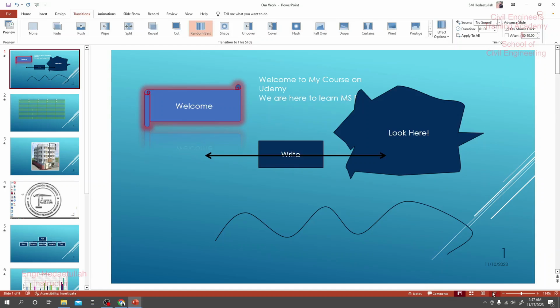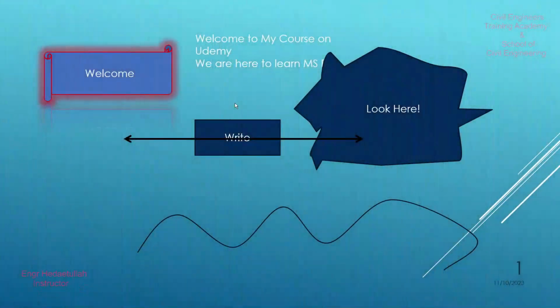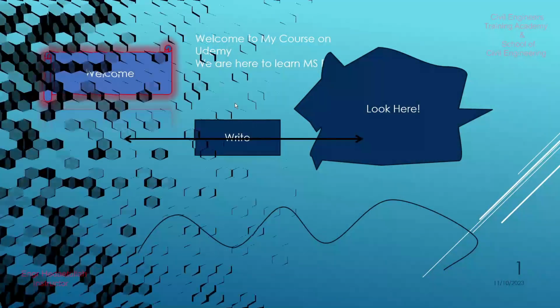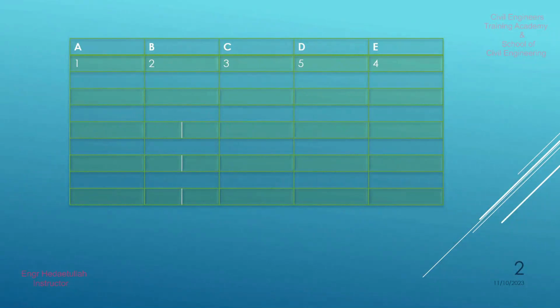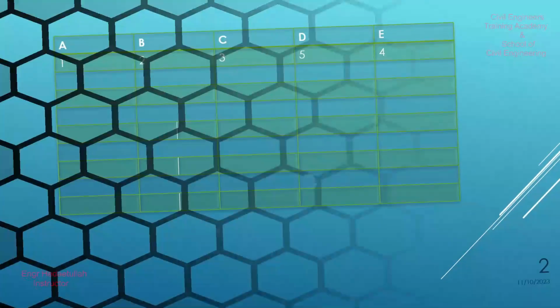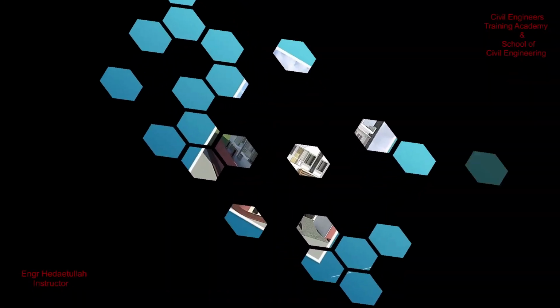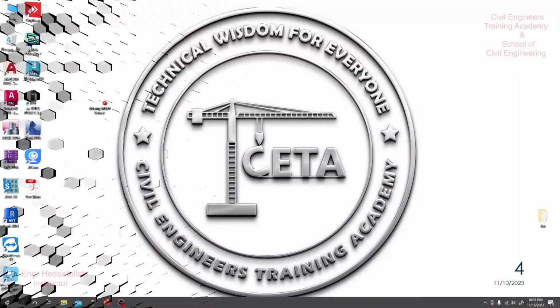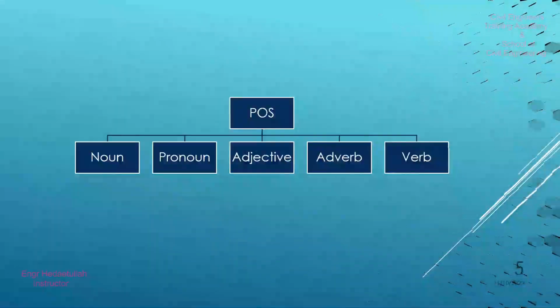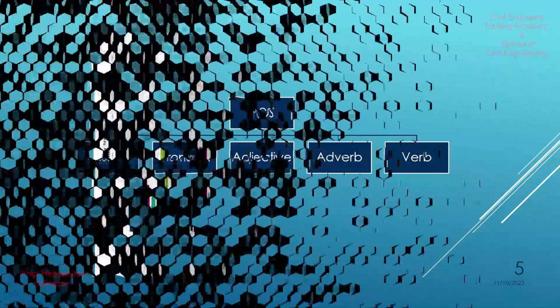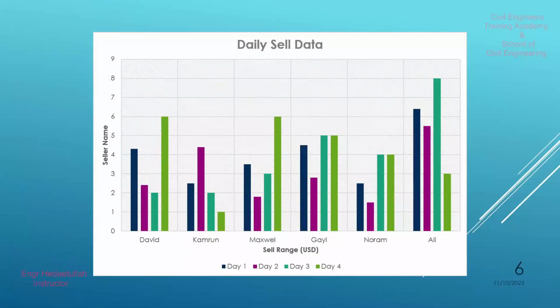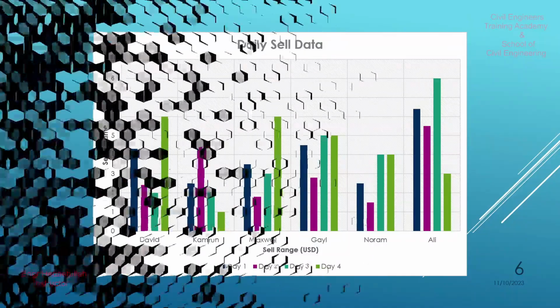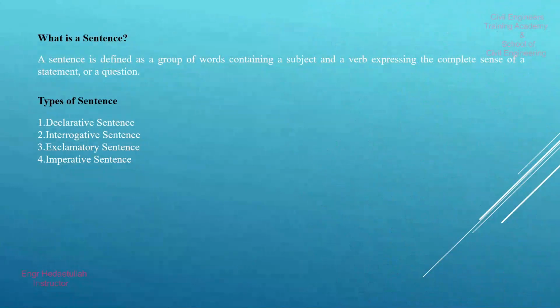If we go to presentation view, just see here, then enter, it will change, then enter, it will change again. So this is the way to show our presentation, how you want to show it. Simply press enter and it will change.